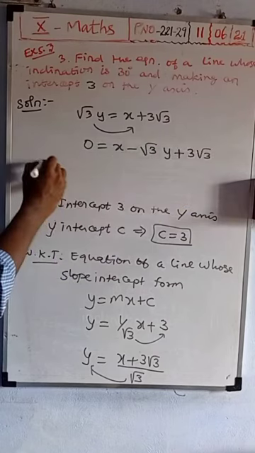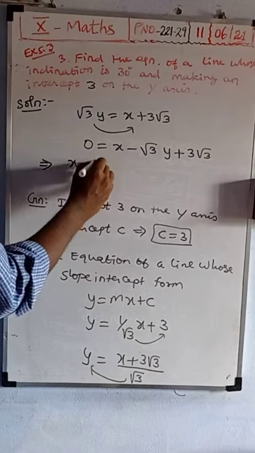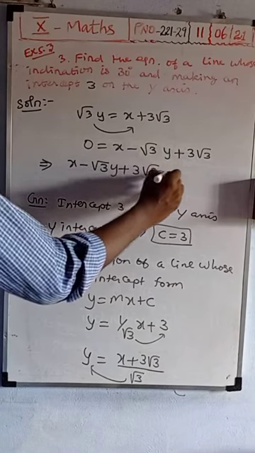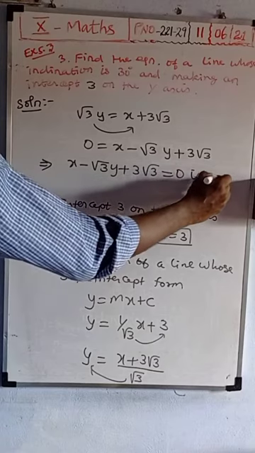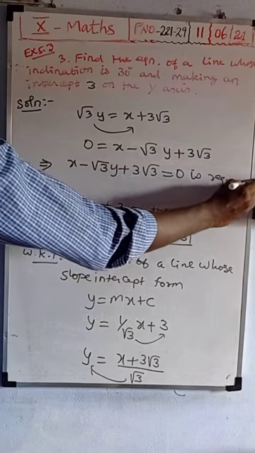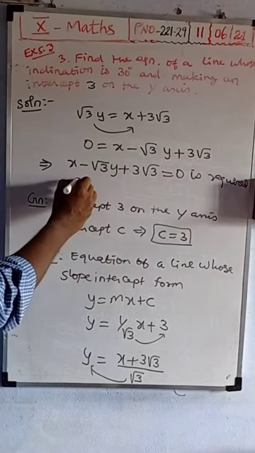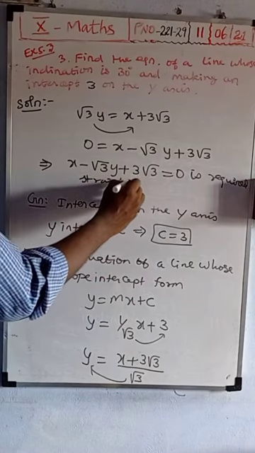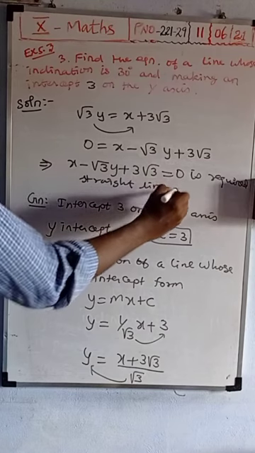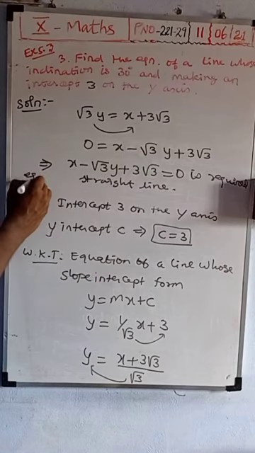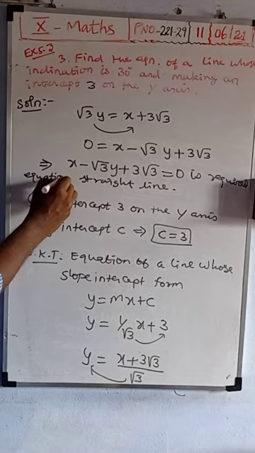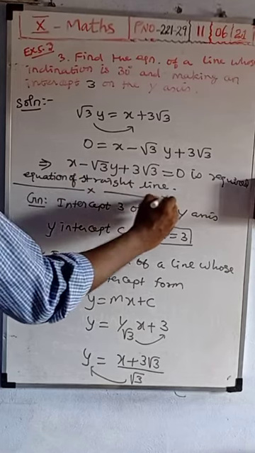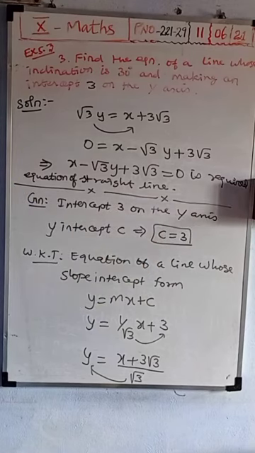So you change and write: x minus root 3y plus 3 root 3 is equal to 0 is the required equation of the straight line.